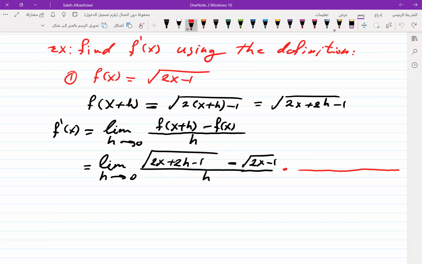So the conjugate is square root of 2x plus 2h minus 1 and square root of 2x minus 1 with a different sign. It is plus. It was minus, now it is a plus. And this is to be written up and down, because this is the conjugate.